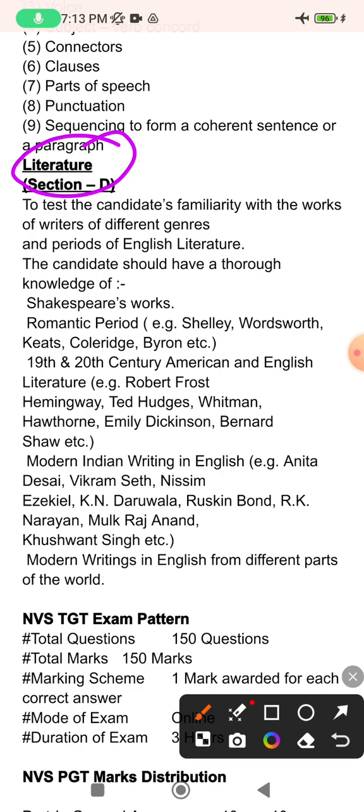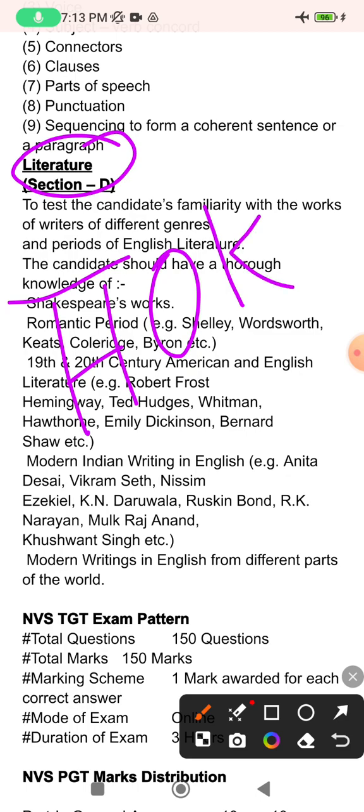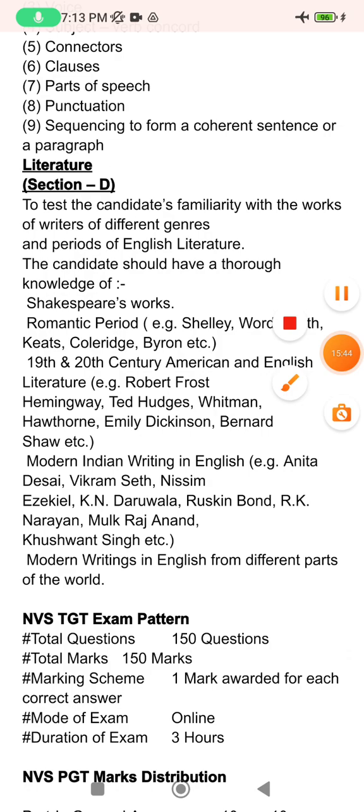Okay, here it is mentioned Shakespeare's works. Shakespeare's tragedy, comedy, tragicomedy. Especially the four great tragedies: Hamlet, Othello, King Lear, Macbeth. Then comedies also, tragicomedies also.